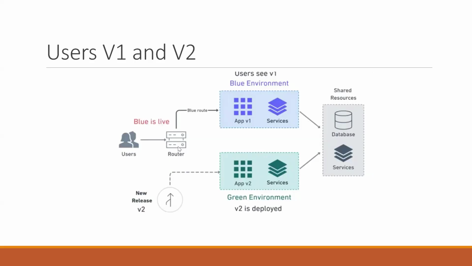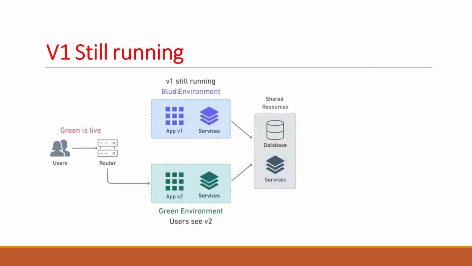But the new release, whatever the developer develops, writes and deploys that code in the green environment, and the tester will test this environment. Once it is successful, the new code will be available in the green environment, right? For example, this is WhatsApp.